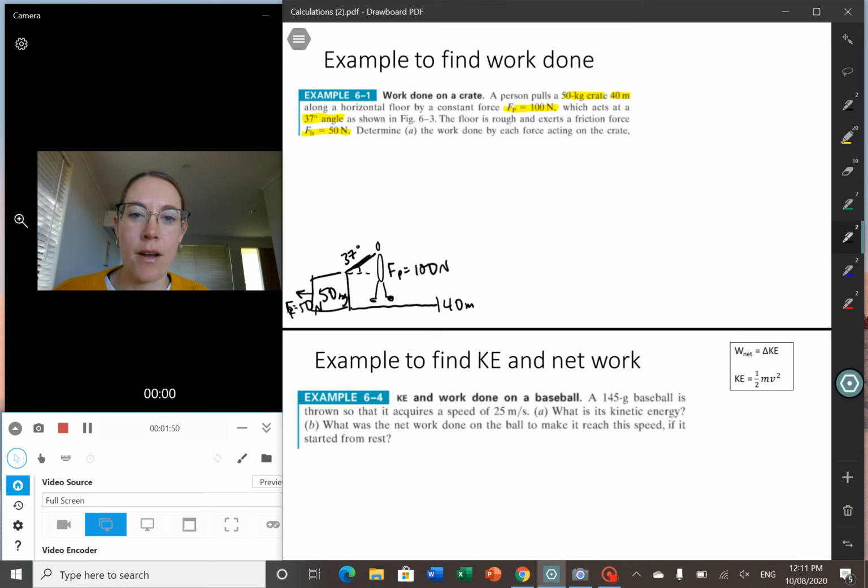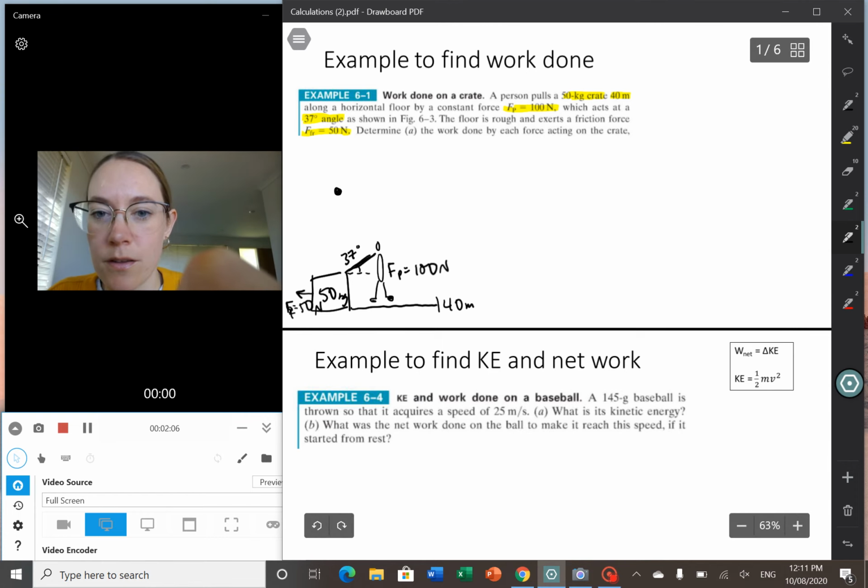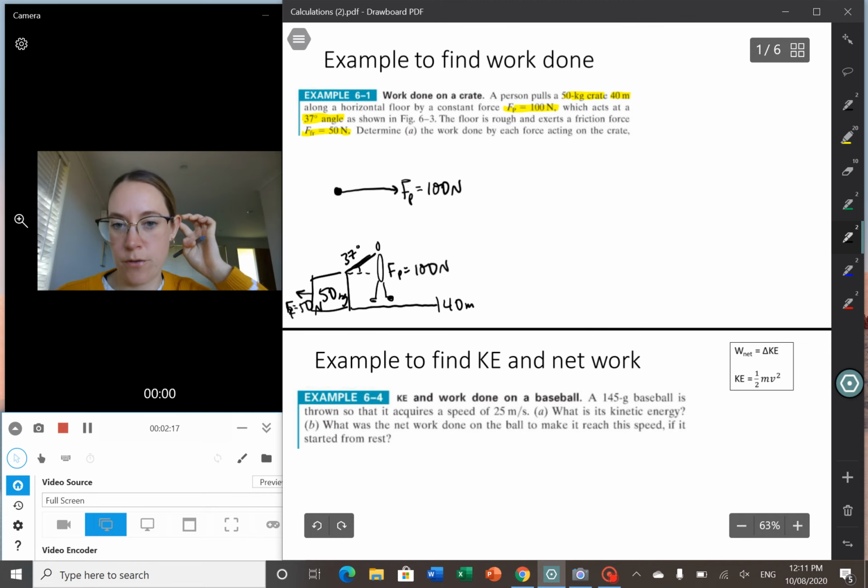Okay, we're being asked to determine the work done by each of the forces that's acting on the crate. So I want to draw now a free body diagram to help me wrap my head around all of the forces that are being applied. So I've got my pull force, which is 100 newtons.